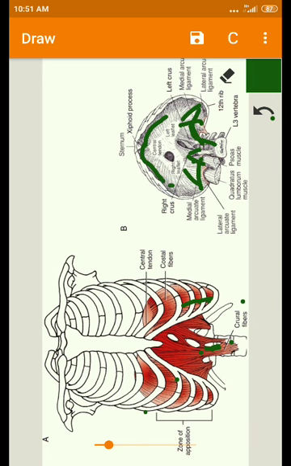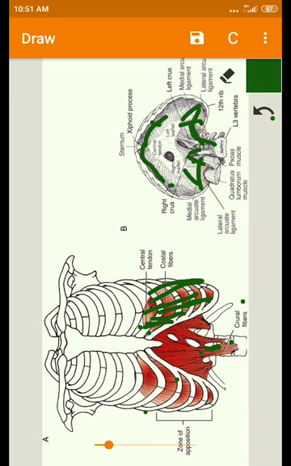The costal fibers of the diaphragm originate from the inner surface of the lower six ribs and also the costal cartilages of the lower six ribs. So they originate from the inner surfaces.